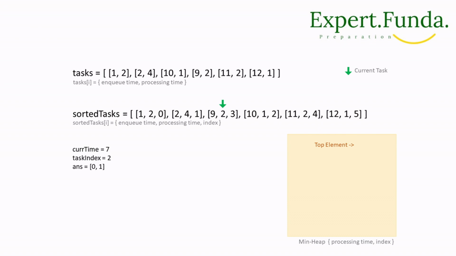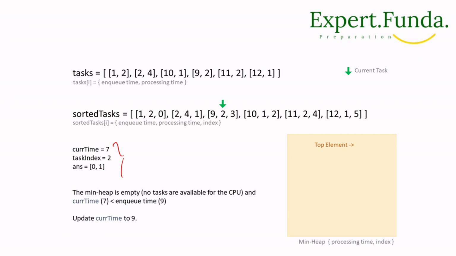Now both indexes 0 and 1 came here. We have updated these three: current time, task index, and answer. The min heap is empty and no tasks are available for the CPU, right?